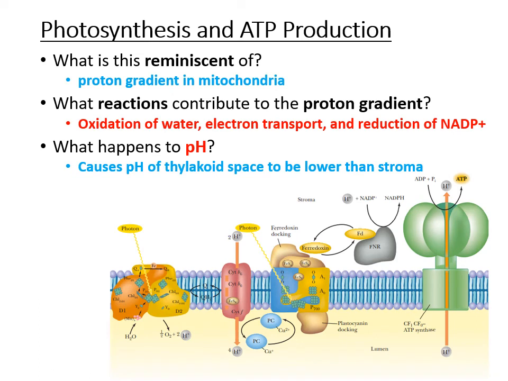So now we're at the ATP production part of this process, and if you look at what's going on, like I said in the previous slide when we were looking at this same structure, it's all very reminiscent of the electron transport chain in respiration and then the oxidative phosphorylation and chemiosmosis.